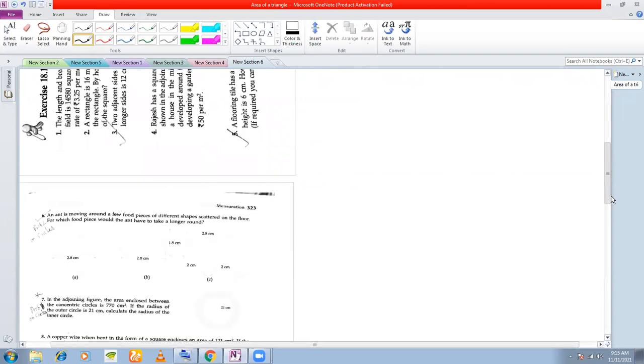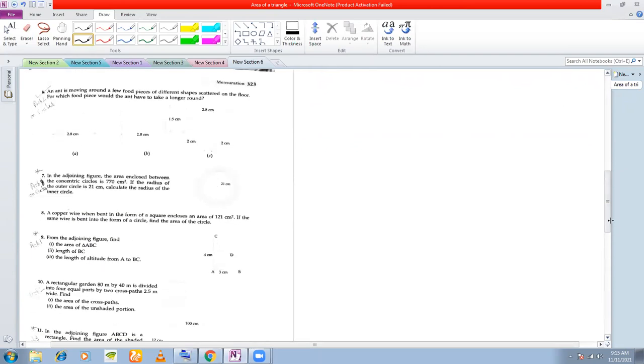Let us see a problem on area of a triangle. Now here my scans are of a little inferior quality, so the figures have not come. So I'll rather draw the figures. Okay. Look at this problem here. Question number 9. Let me write here: from the adjoining figure, find first, the area of triangle ABC.